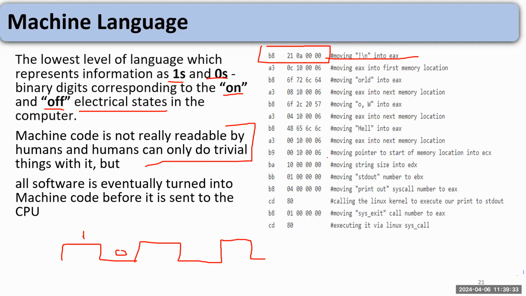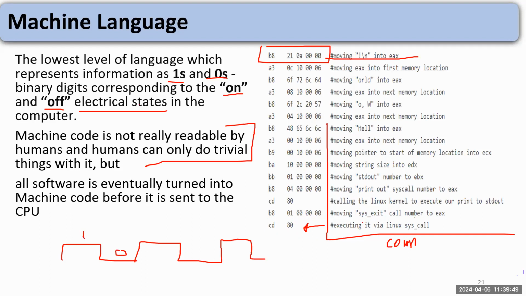As an example, you cannot understand these things unless they are explained here. These are what we normally call comments, describing what the particular instruction is doing.